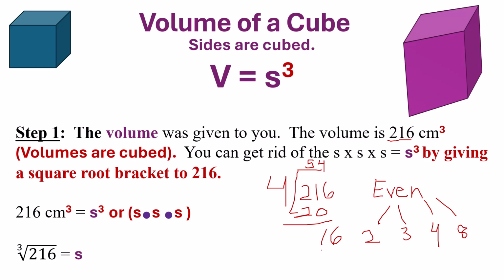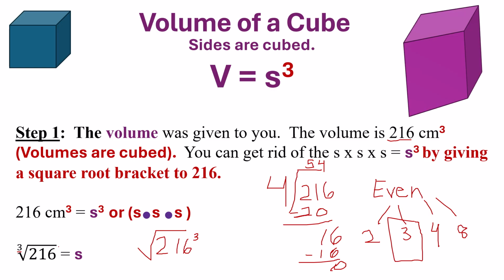But this would be the quaternary root or the fourth root, and you don't want the fourth root. You know what I mean? You want the cubed root. So cubes are in threes, so you try 3. So 3 cubed, and I put the 3 here so you could remember. You can also do the cube root of 216.